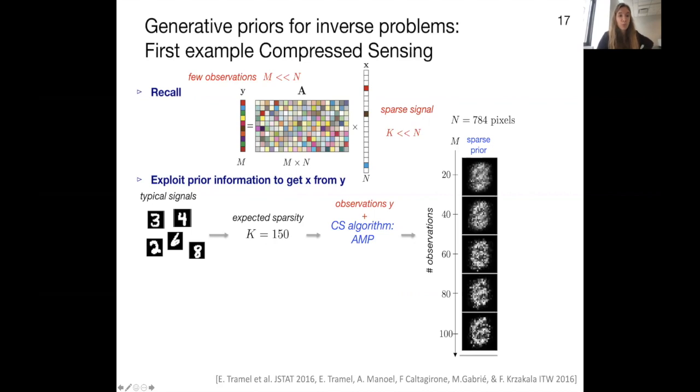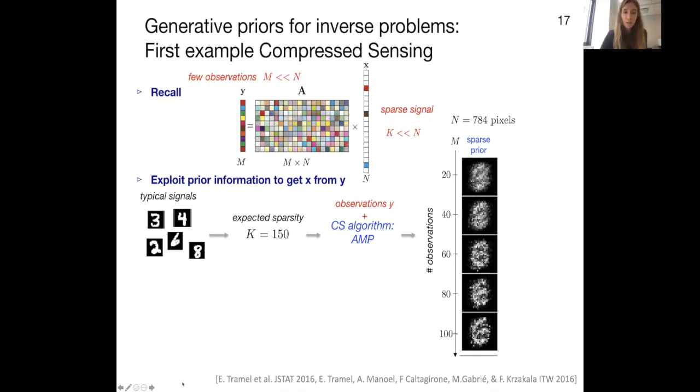Although the expected sparsity is 150 and the dimensionality is 784, we can see that with 100 measurements, less than the sparsity, we start to have something that looks like a 6, apparently, in this observation that we took.